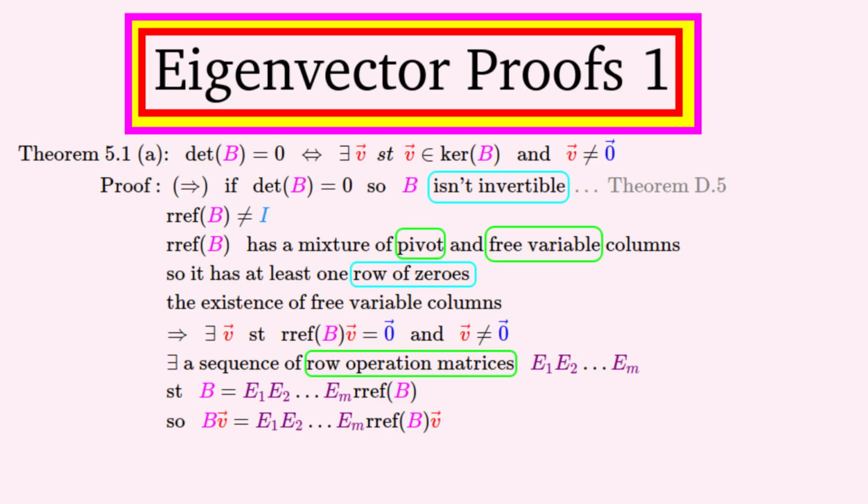So if we multiply B by v, we'll get this result, which will give us a string of matrices multiplied by the 0 vector, which will give us the 0 vector, which is a property we've proven in a past video, and is easily shown to be true for finite matrices. So this vector v must be in the kernel of B by definition.